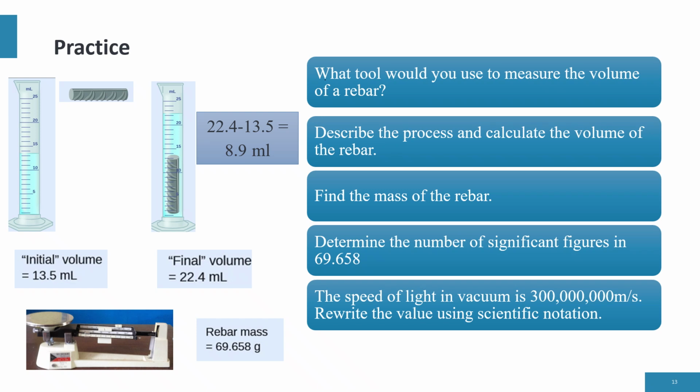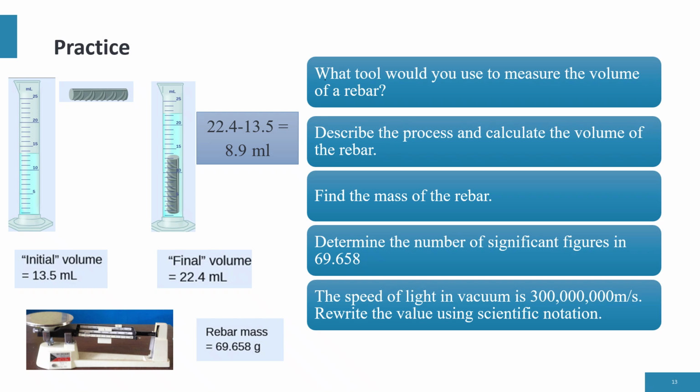Now, let's look at that very last question. The speed of light in vacuum, where there's no air, vacuum is no air, is, look at that, 300 million meters per second. Okay, how can I write that value using scientific notation? Okay, I am going to look at the significant numbers.